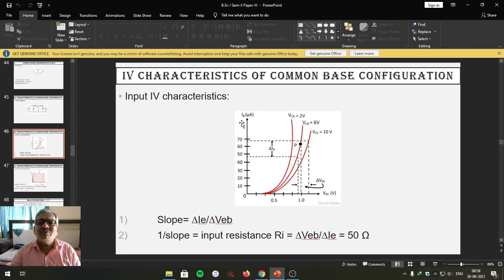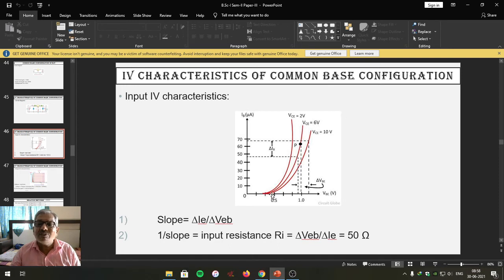We have a set of IE versus VEB for various constant voltages of VCB. By plotting IE versus VEB for a fixed value of VCB, we can get the nature like this. This is the nature for VC equal to 2 volt. This is the second graph for VC equal to 6 volt.